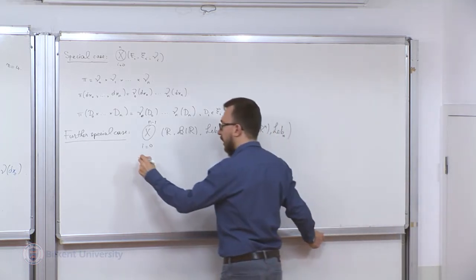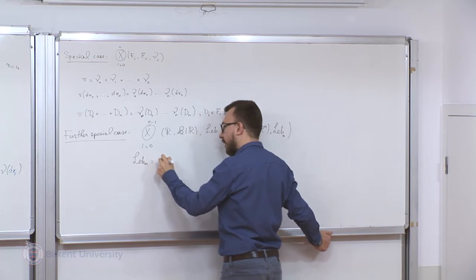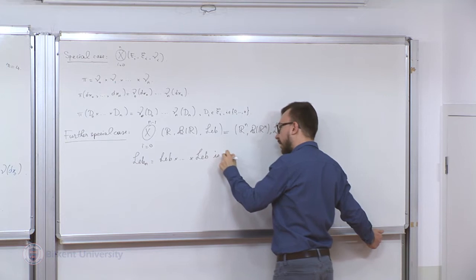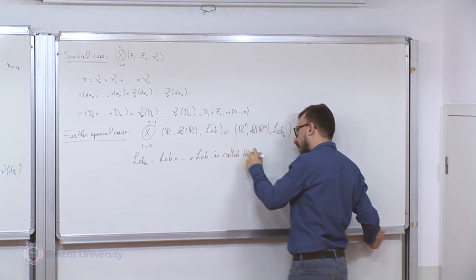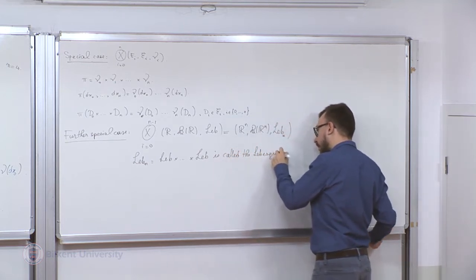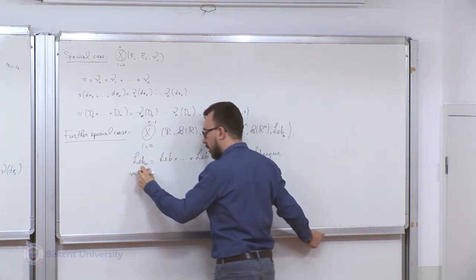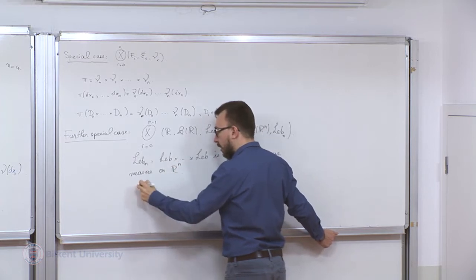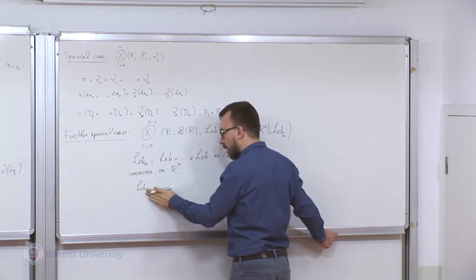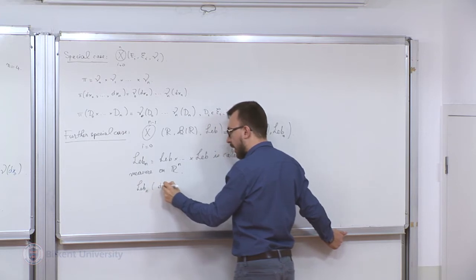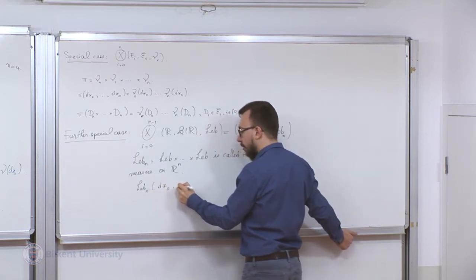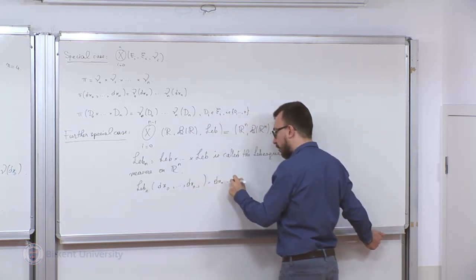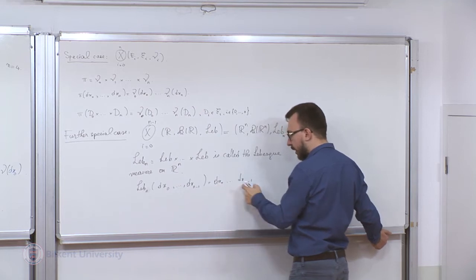So the product of Lebesgue by itself n times is called the Lebesgue measure on Rn. So Lebesgue n, dx0 to dxn minus 1, is just dx0 to dxn minus 1, because this is the notation for Lebesgue measure on the real line.